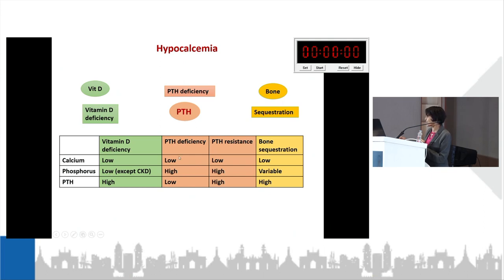PTH-based hypocalcemias, which are actual PTH deficiency or resistant states, will have high phosphorus, and of course inappropriately low PTH as a number, whereas PTH resistance will have a high PTH. Bone sequestration has a little different sort of phosphorus levels and PTH levels, and we would need to look at the background element of understanding what has led to bone sequestration.